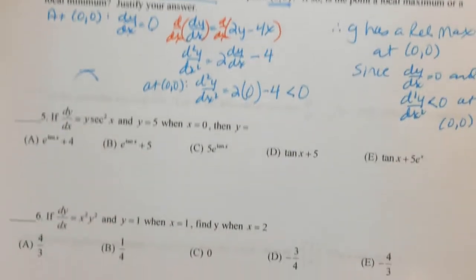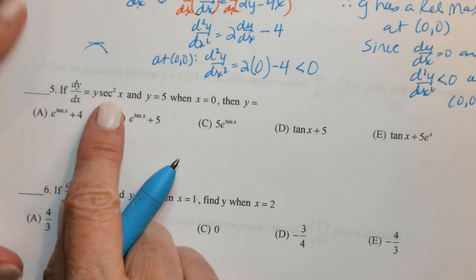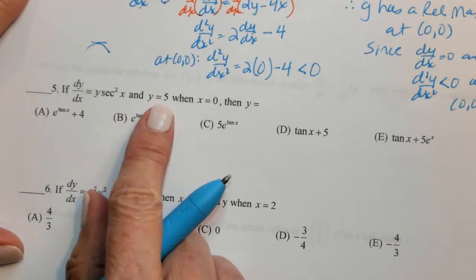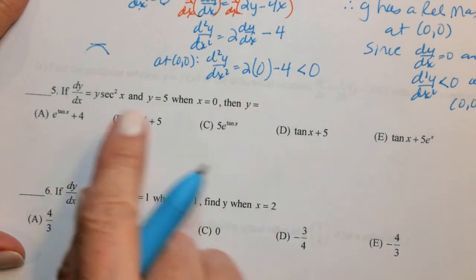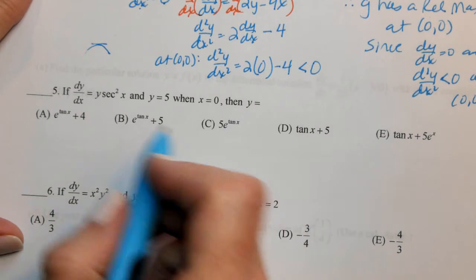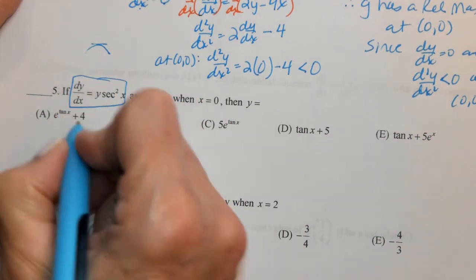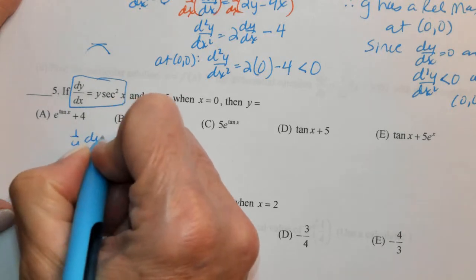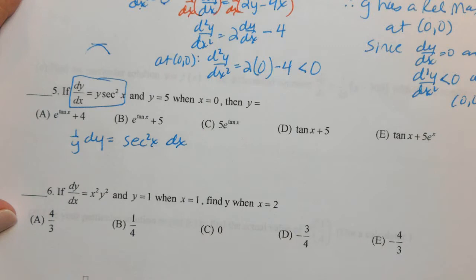Okay? All right, number 5. Let's see, dy dx is y secant squared x. Y is 5 when x is 0, then y equals what? They're asking us to solve this differential equation because we're trying to get y. So separate and integrate. I'm going to divide both sides by y, multiply both sides by dx.